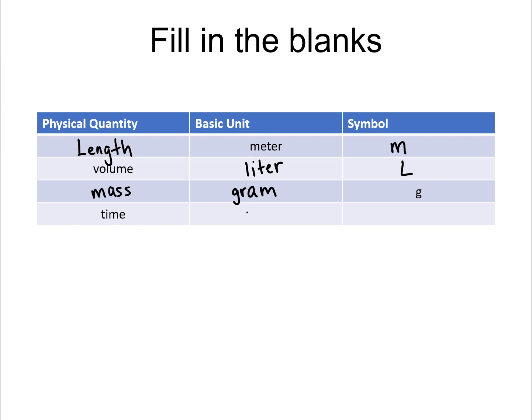And time, we use the second, and its symbol is the lowercase s. That's just something you're going to have to remember. No real good way to make it fun and easy. I apologize. So are we good to move on? Okay.